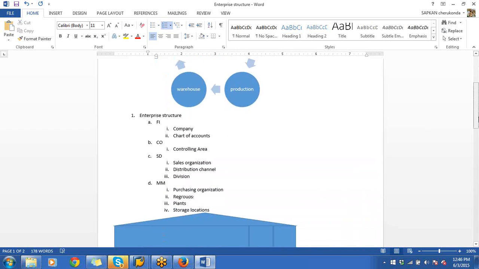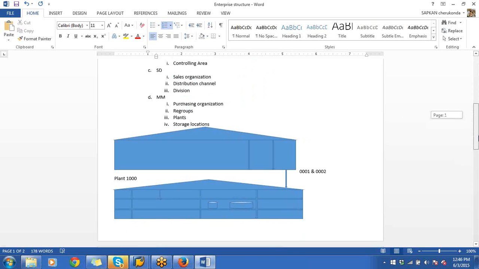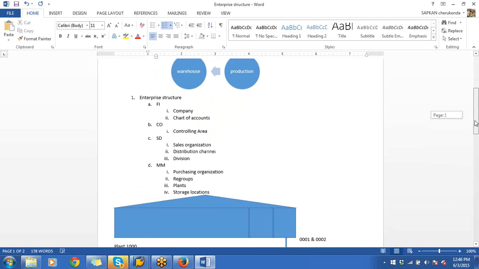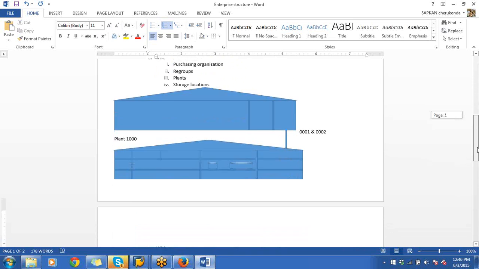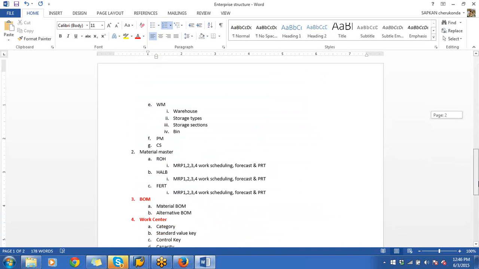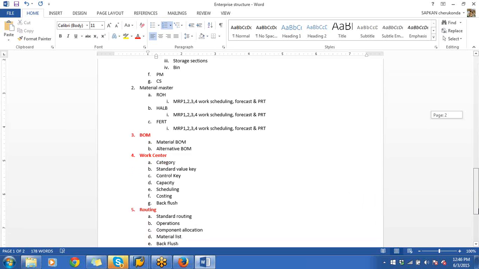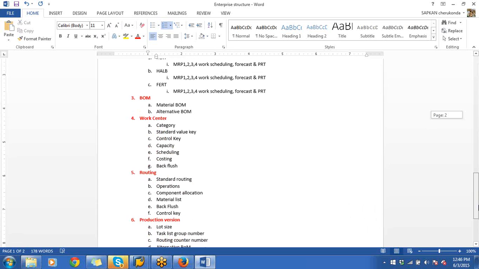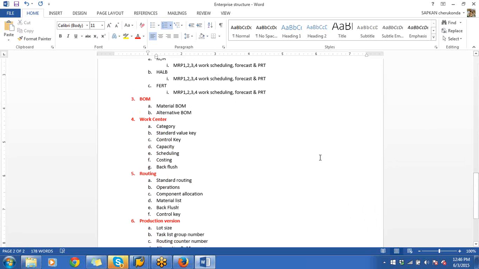Then in general, how you define your enterprise structure, top to bottom. Even though you are not a finance person, you need to know in general what it is. And then you come to your area, which is PP, starting with BOMs.